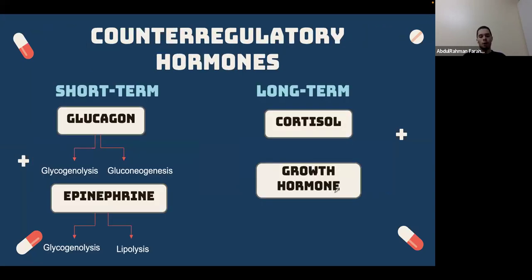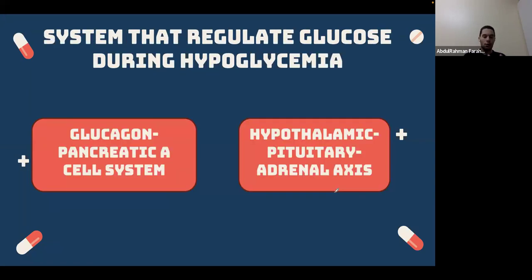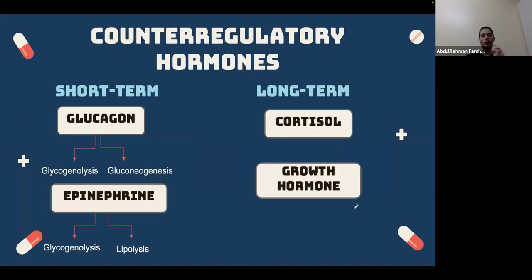Now, for the hormones that are involved in these two systems, we already know glucagon is in this system. The other hormones, the epinephrine, the cortisol, the growth hormone, we give them the name counter-regulatory hormones because they all counter the actions of insulin. We divided them into two groups, as you can see, short-acting hormones and long-acting hormones.